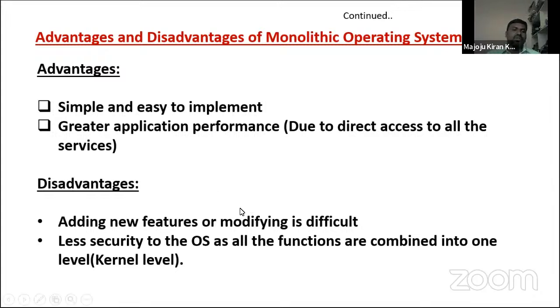If you want to add anything, you have to add it to the kernel, and that is very complex. We are combining all the basic functions like file management and memory management, so if you add or change anything, it may affect other functions also. That is why adding a new feature is very difficult in this case.